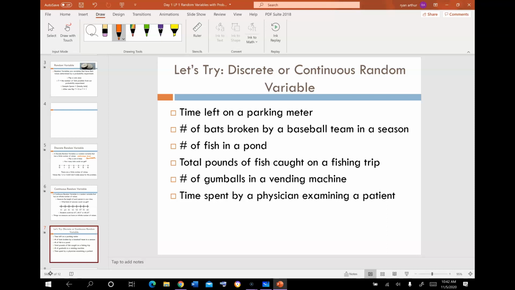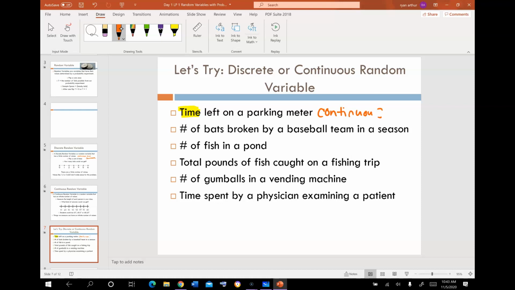You could have 50 seconds left, but I rounded it up to a minute instead of looking at a seconds clock. Okay. So time is very continuous. But like I said, in society, we round a lot of stuff, so it doesn't sound continuous. But if you break it down, time left on a parking meter is a continuous random variable because there are so many numbers in time we can't count it. So time is a key word for continuous.